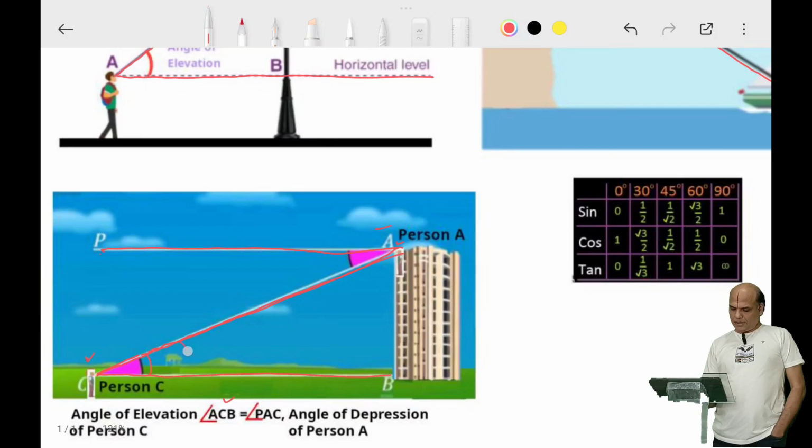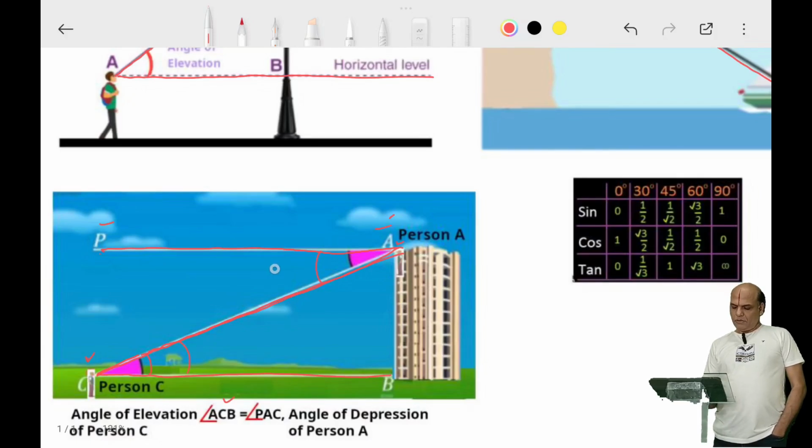So this is the angle of elevation for person C. And for person A, angle PAC is the angle of depression. Now PA and CB are parallel and CA is the transversal.